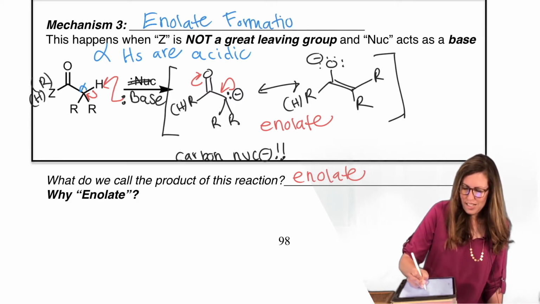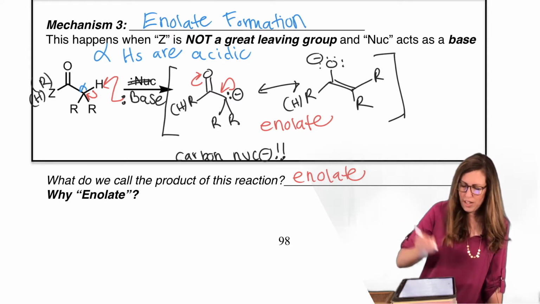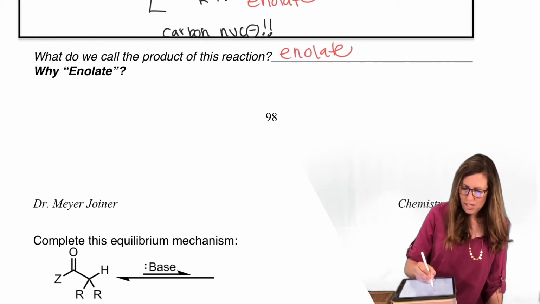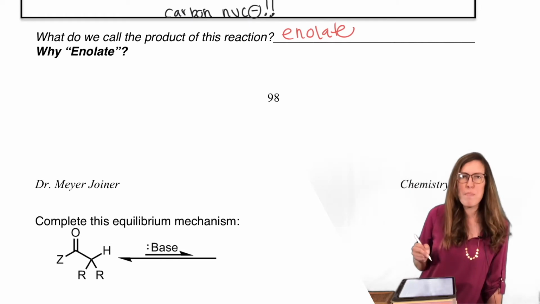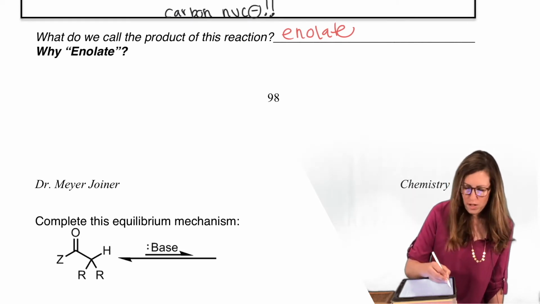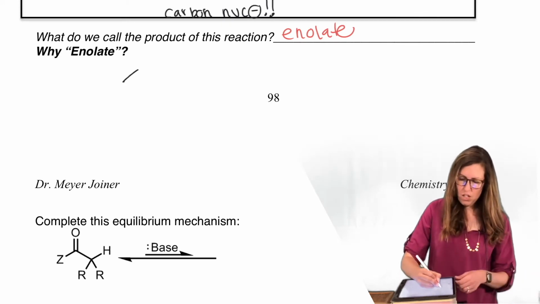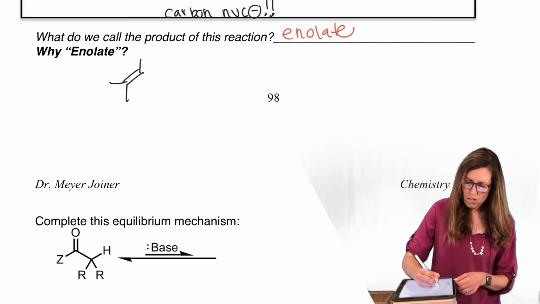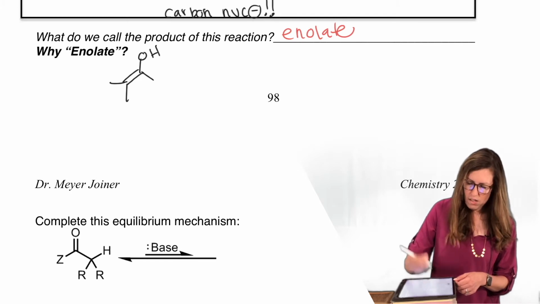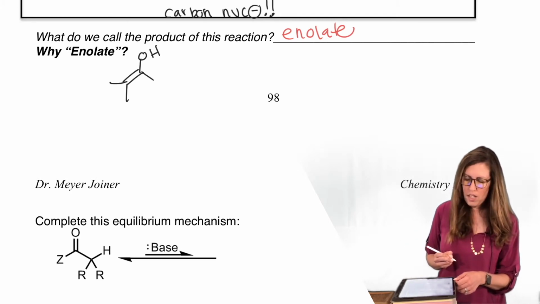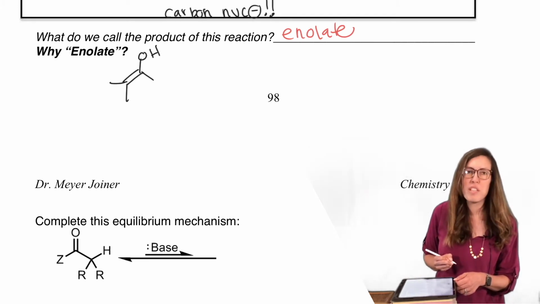Okay, so why is it called the enolate? That might be reminiscent of a term you've heard before, I hope. Well, I know you've heard it, but I hope it rings a bell. So let's draw out this guy and see if we can see its familiarity.